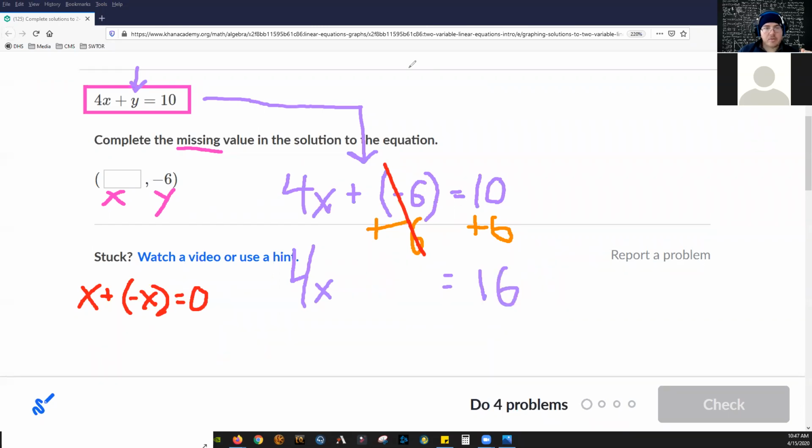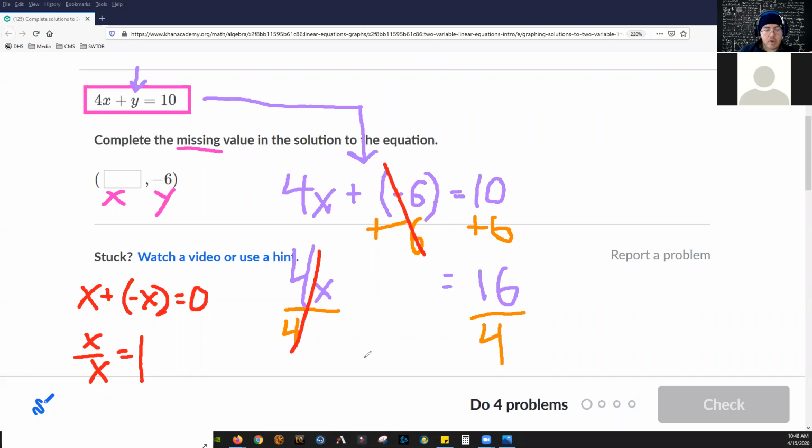Now, the other abstract rule we're going to be abusing is that anything divided by itself is equal to 1. So if we were to divide this term by 4, 4 divided by 4 is 1. So you just end up with 1x. But to make sure everything stays balanced, we've got to divide this side by 4 as well.